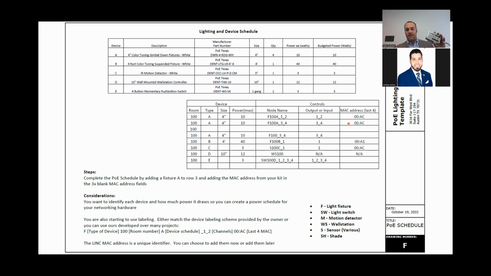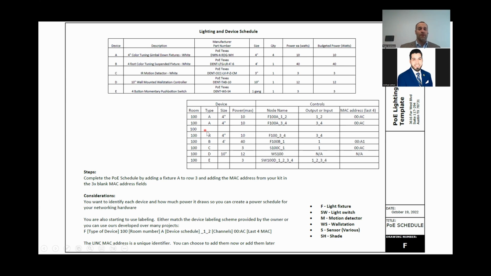So you'll notice you've got 00AC, outputs 1 and 2 for 00AC, outputs 3 and 4 for 00AC are all in one link. He's marked them down, and he's kind of associated them together.